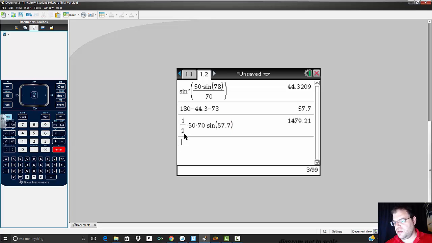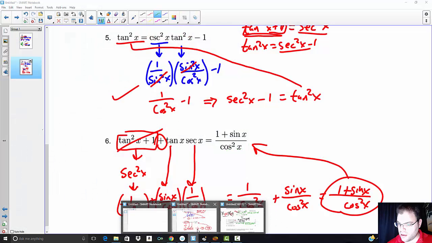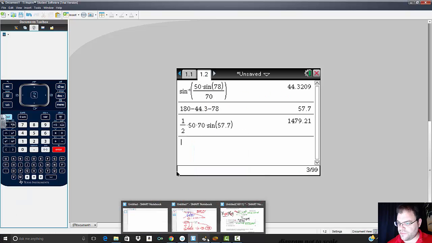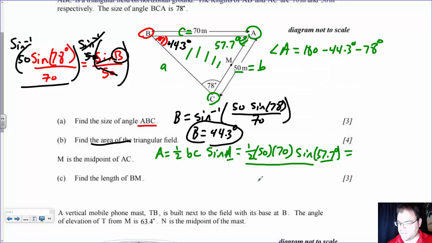So that's the area of the triangle. Looks like it's 1,479.21 square meters.